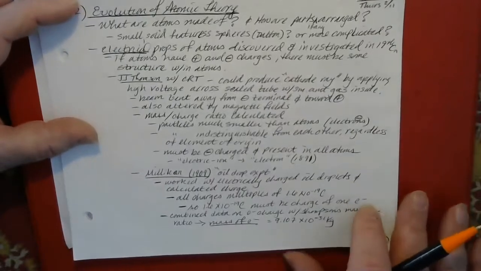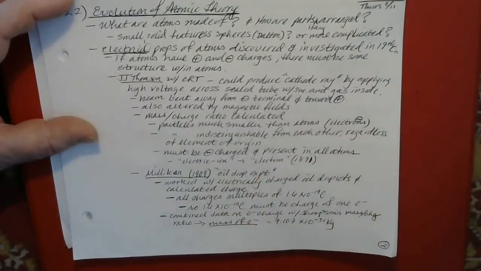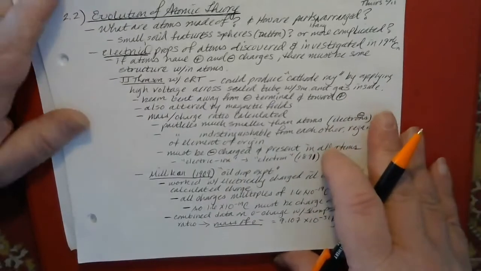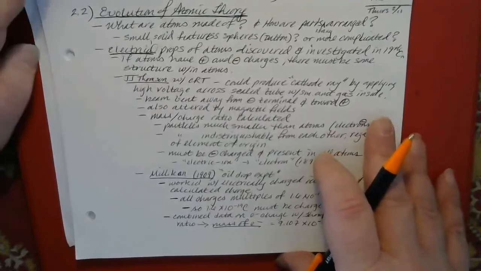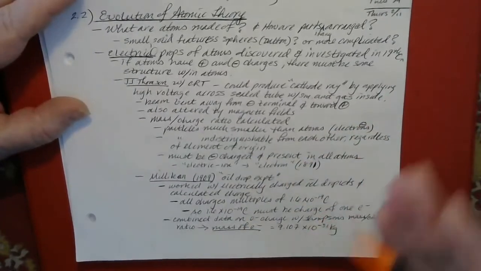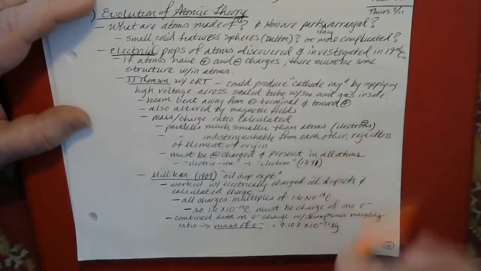So over the years, as scientists investigated in more and more detail with better and better technology, they were able to find out that while certainly Dalton was right about atoms existing, and he was right about most of what he said, his theory basically needed some elaboration. He didn't say everything that was relevant about atoms.